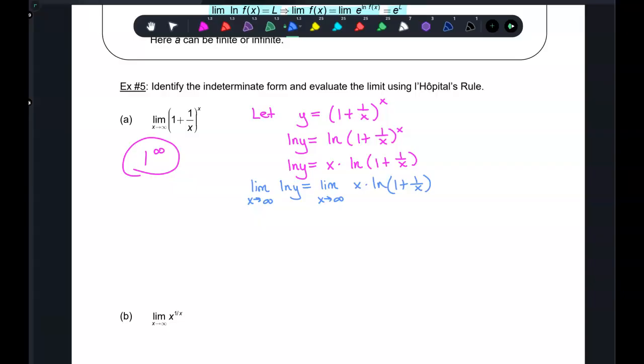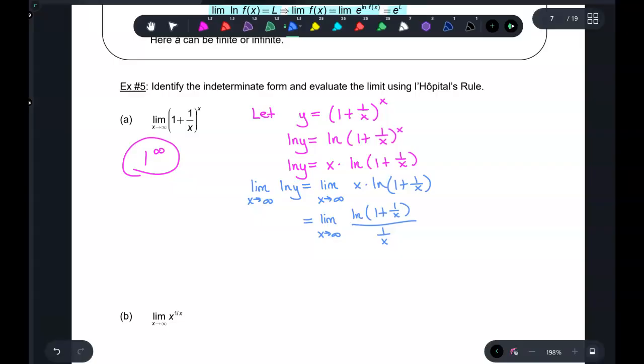So I'm just going to work with the left side, and I'm going to rewrite this as natural log of 1 plus 1 over x, over 1 over x. There's a reason there's a lot of space for these. I realize I probably should have left more room. Now it's 0 over 0.